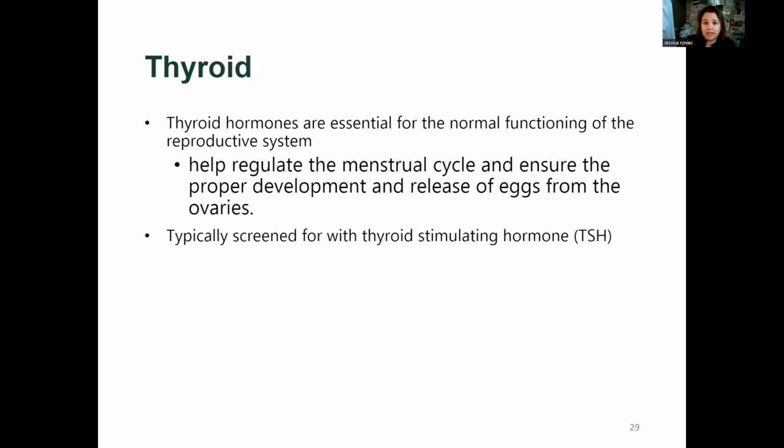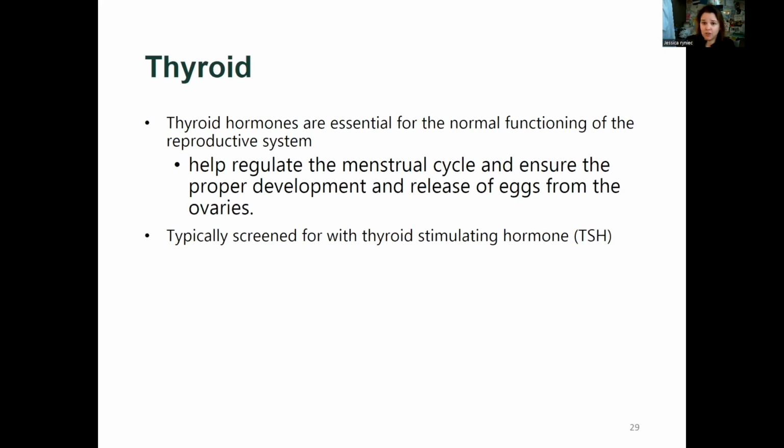Typically, what is tested for the thyroid is thyroid stimulating hormone, or TSH. If it's abnormal, you may have additional thyroid hormone levels drawn, such as the thyroid hormone itself. You might have heard of T4 and T3. Sometimes we'll look at antibodies against the thyroid, but a TSH is most common as an initial screening test.